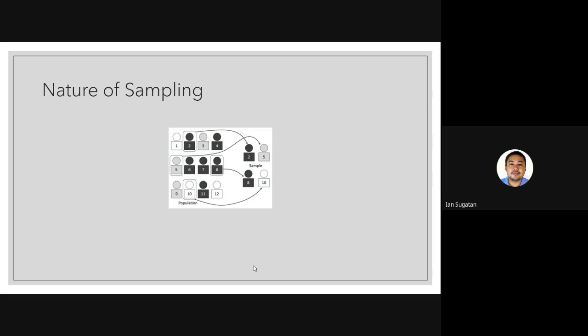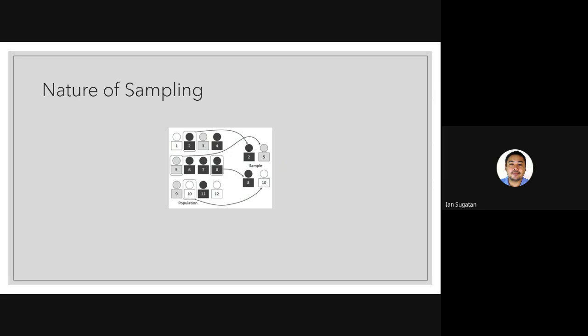So for the nature of sampling, this refers to the population, the entire set of persons, objects, entities that the research intends to study. However, in many instances, a population study may not be feasible, so the researcher selects a sample or a subset of the target population. Sampling methods refer to the different ways of selecting the sample from the target population.